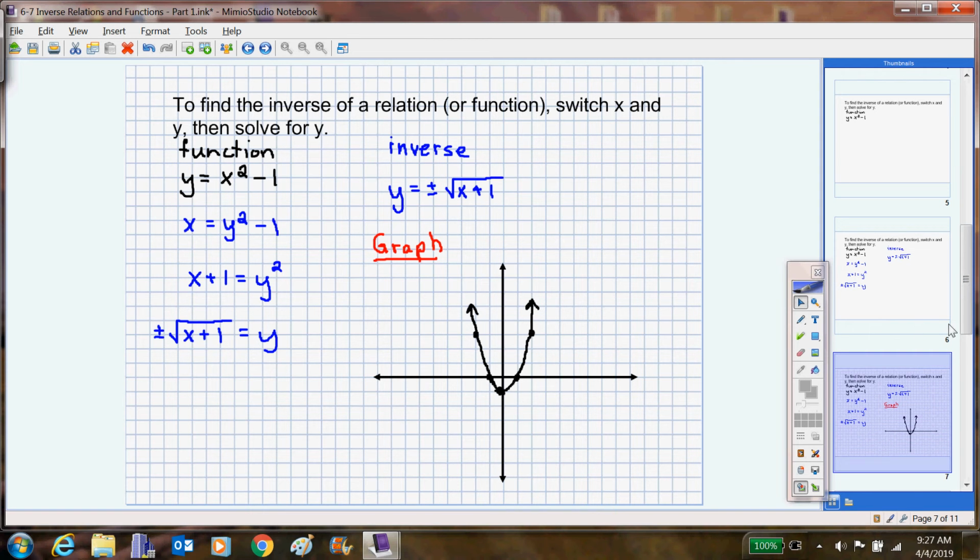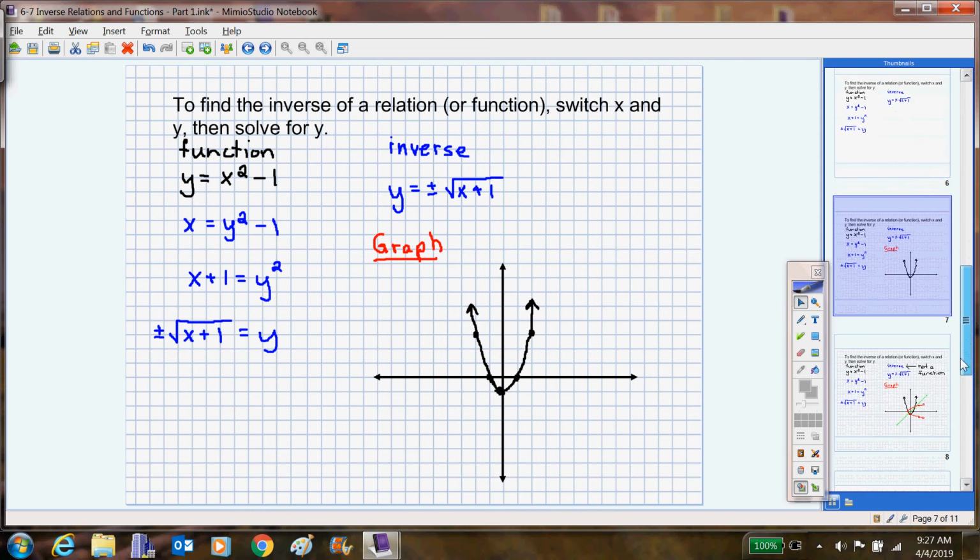Now our inverse relation, there's a couple of ways that you could handle it. You could either plug in values to find the other, or you can draw in your diagonal line, draw in your x equals y. So I actually would like you to do it this way so we can apply this idea of graphing for the inverses.